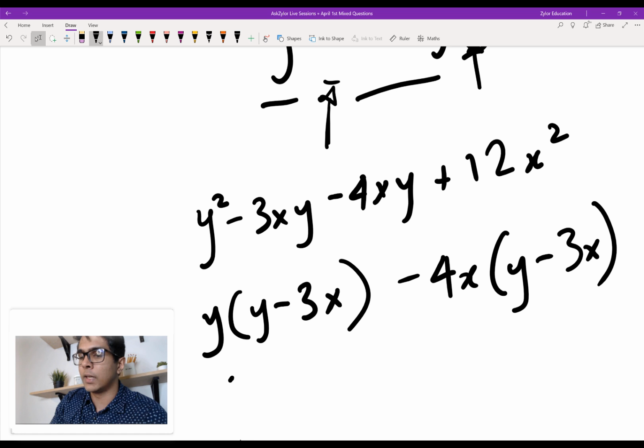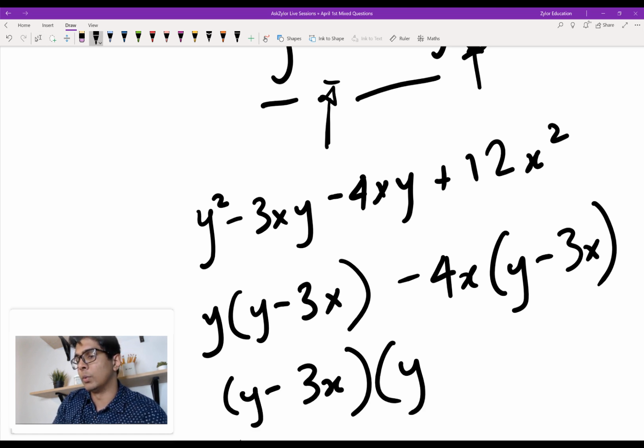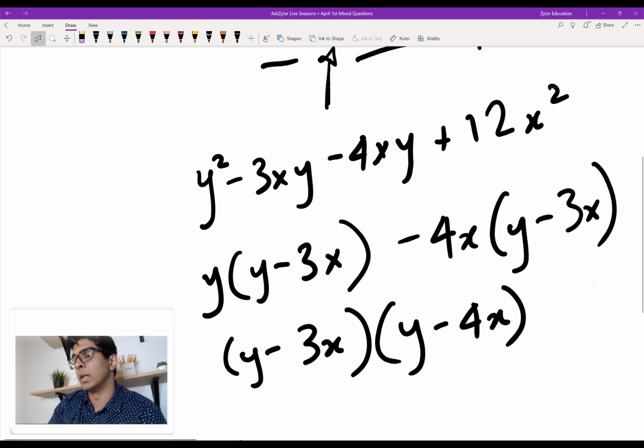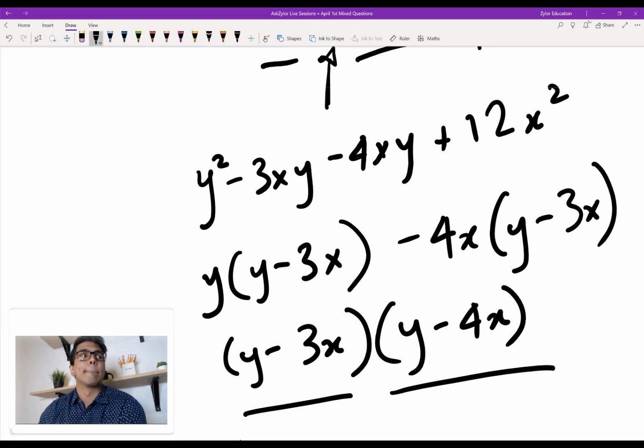So then if I factor the common term, I get y minus 3x, and I'm left with y minus 4x equals 0. Or I just can leave it as it is. So my factors are y minus 3x and y minus 4x.